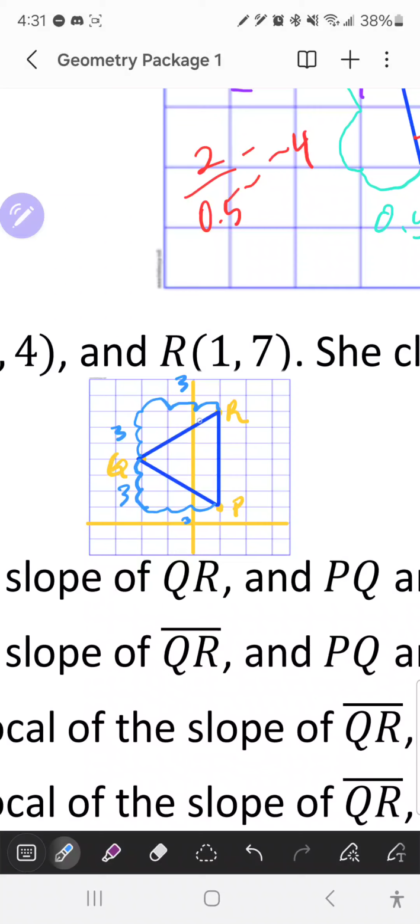So yes, these sides are equal, so it is an isosceles triangle. They have two sides that are equal.